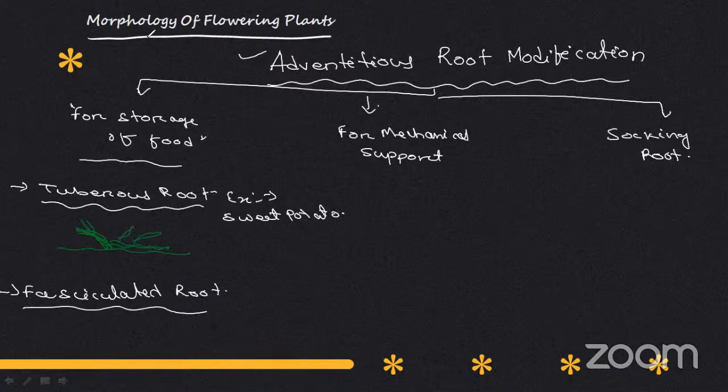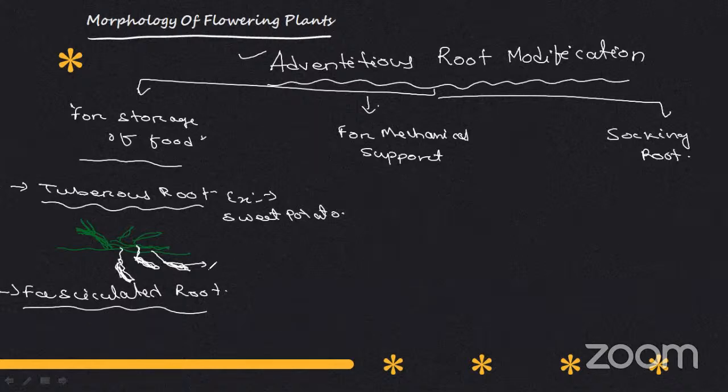What happened? From this stem, there will be development of roots. These roots are not taking any definite shape. They are modified for the storage of food.